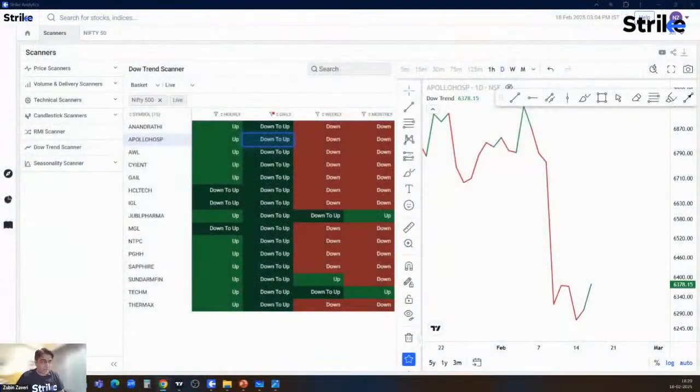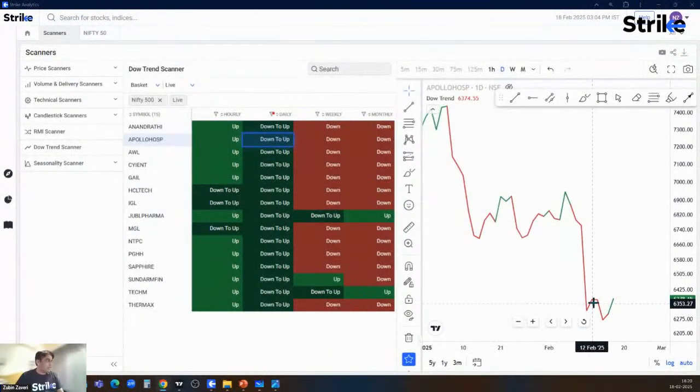It's not 100% science, it's science plus art. You have to fine tune your experience, and the more charts you see, the more you will understand whether the major top is broken or not. So Apollo Hospital also is a smaller one.